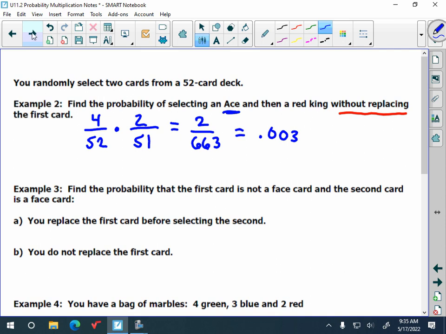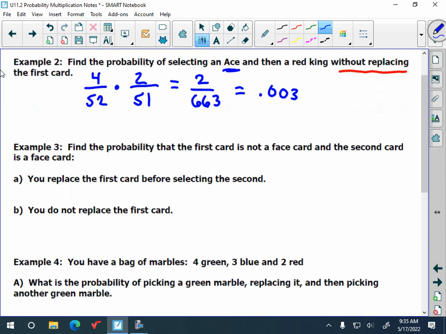All right, example 3. Find the probability the first card that you pick from a deck of cards is not a face card, and then the second card is a face card. Part A, you replace the first card before selecting the second. Part B, you do not replace the first card.